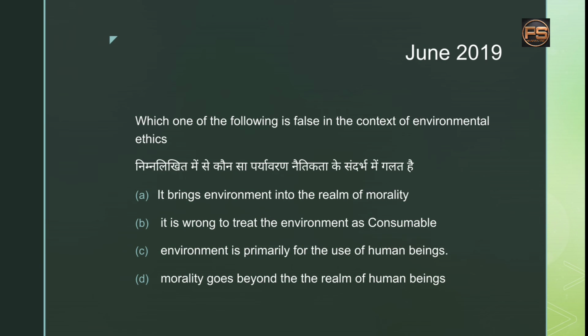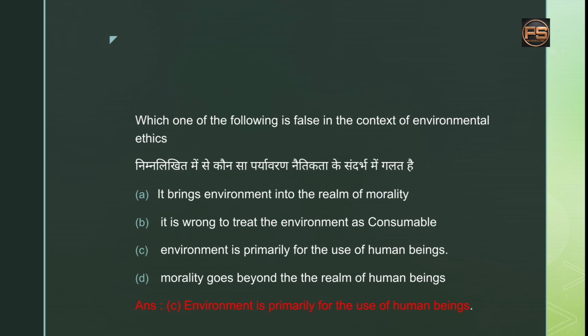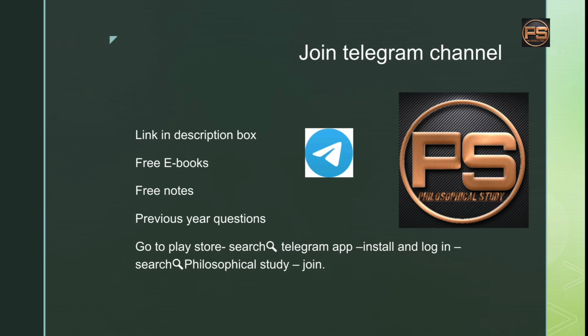Next question is, which one of the following is false in context of environmental ethics? Answer is C. Environment is primarily for the use of human beings.